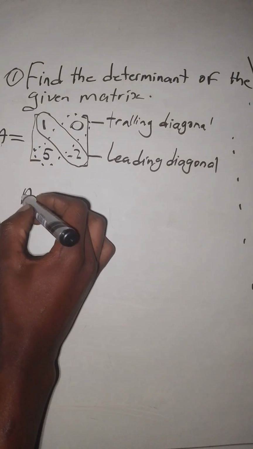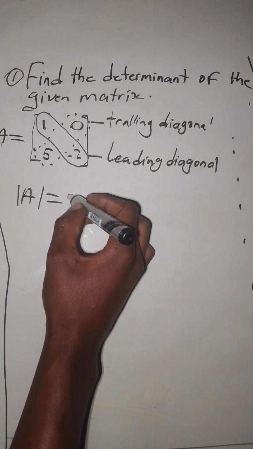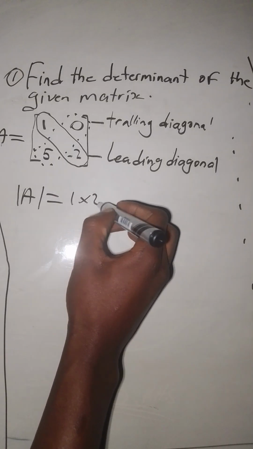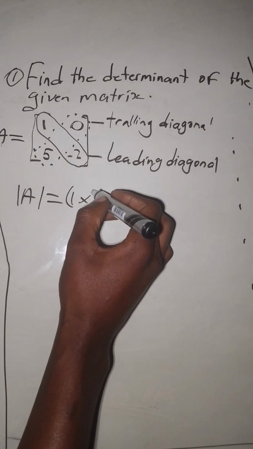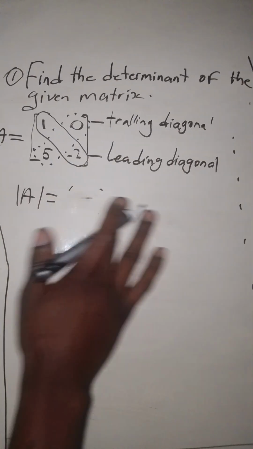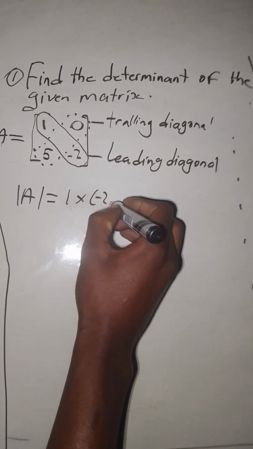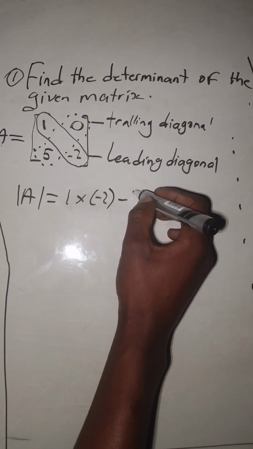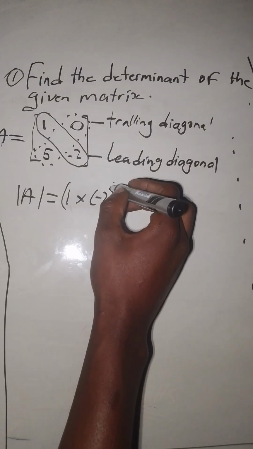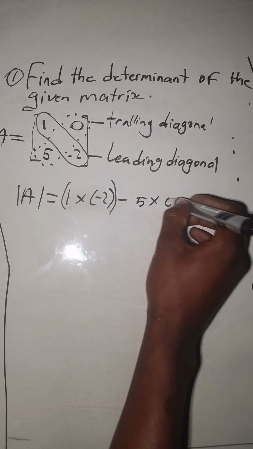You are going to get the determinant of A, which is equal to 1 times -2 minus the one that we have there, which is 5 times 0.